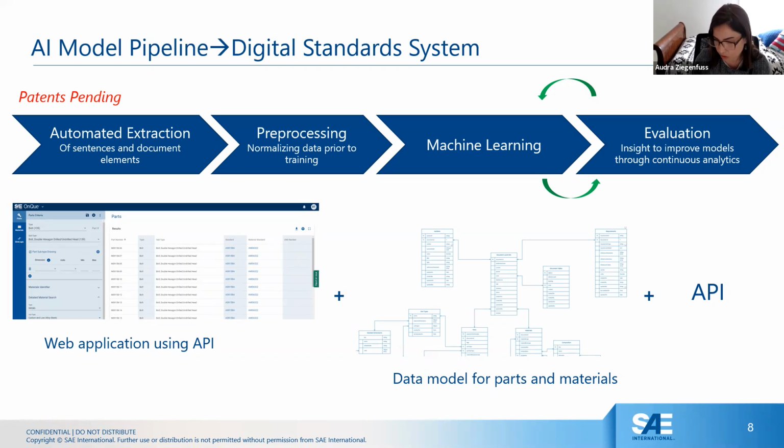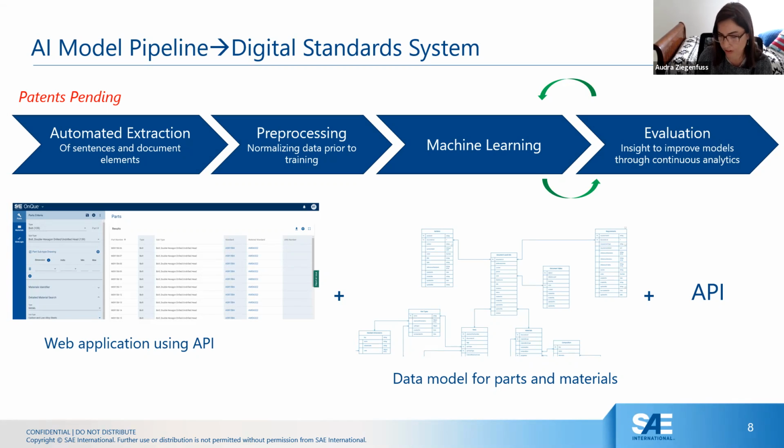So we have started to test these algorithms on documents not owned by SAE within aerospace companies and parts of the supply chain, and they've been fairly successful. We have built in an iterative evaluation, as most models do, so that we can see the outputs. And when we go back and we're QAing the data, we can quickly retrain the models if necessary.